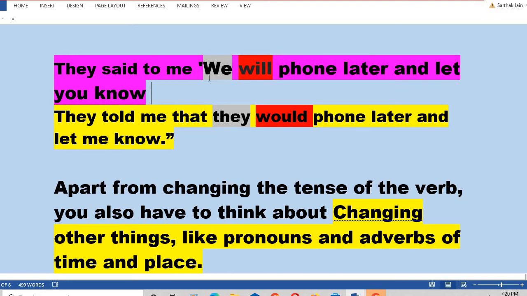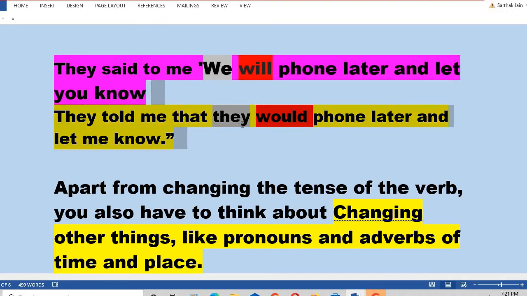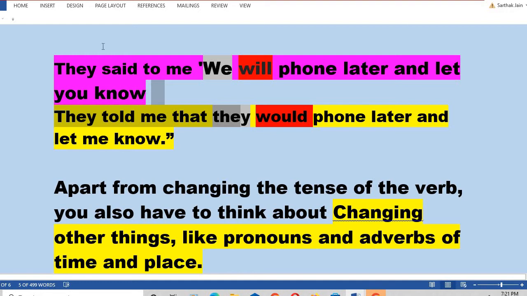Now see, this is the pronoun of the first person, we, that will change into third person, they. Why? Because we is the pronoun of the first person, that will again, I am telling you, change according to the subject. See the cursor, that will change according to the subject, and the subject here is they. That is why here they told me they would phone later.